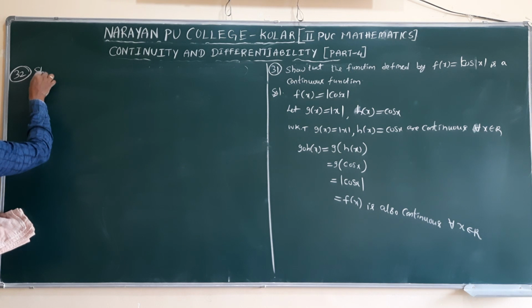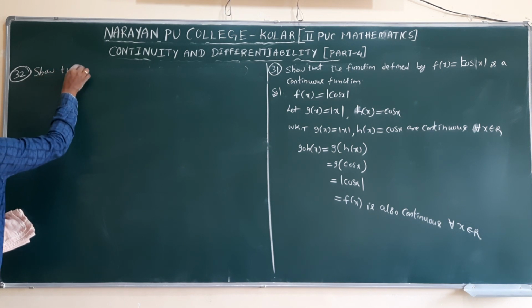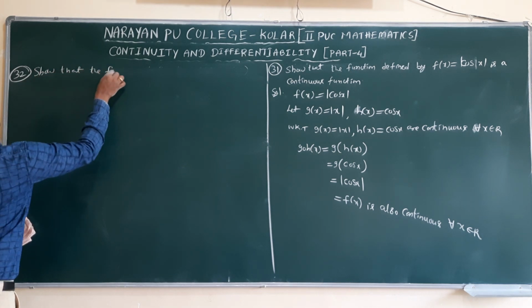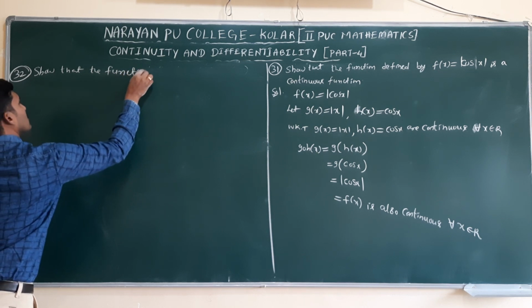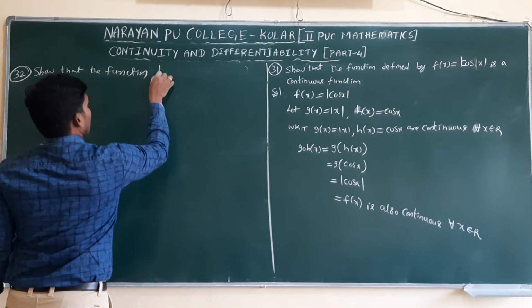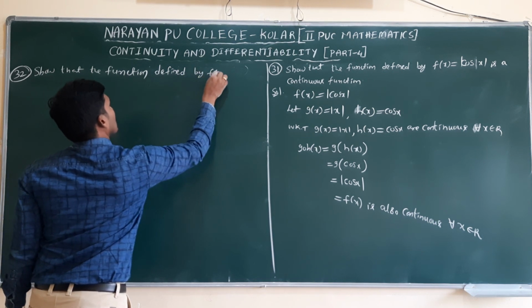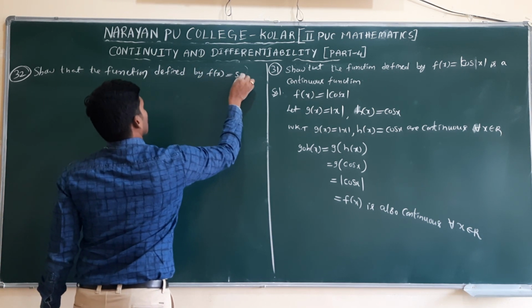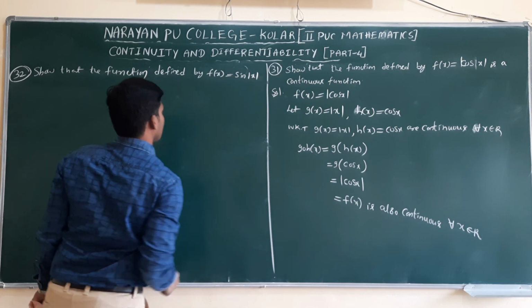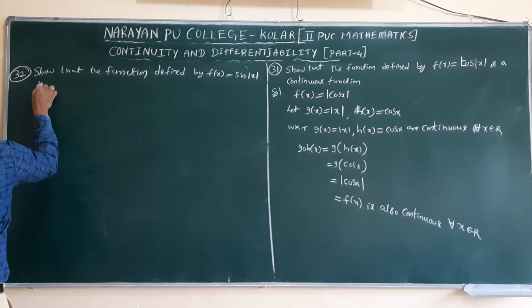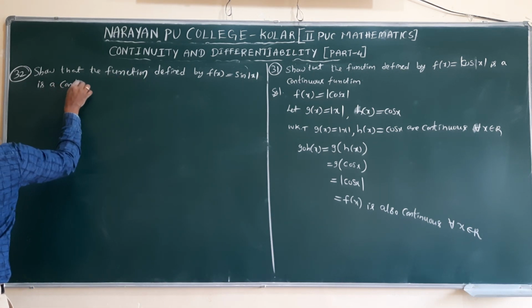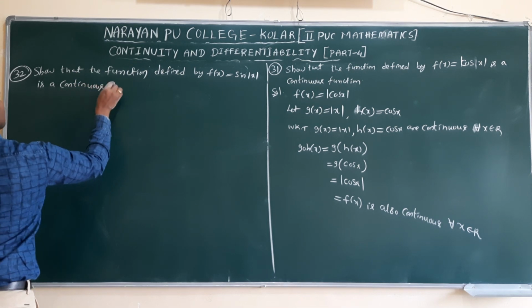Show that the function defined by f of x is equal to sine of mod x is a continuous function.